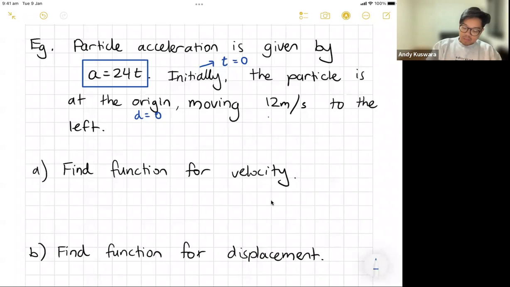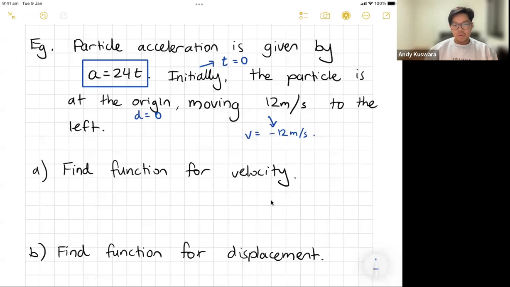What that means is that's negative 12. Velocity is negative 12 meters per second. Because we're traveling to the left, we're going to have a negative velocity. The speed is 12 meters per second, but because we're traveling to the left, velocity is negative 12 meters per second.